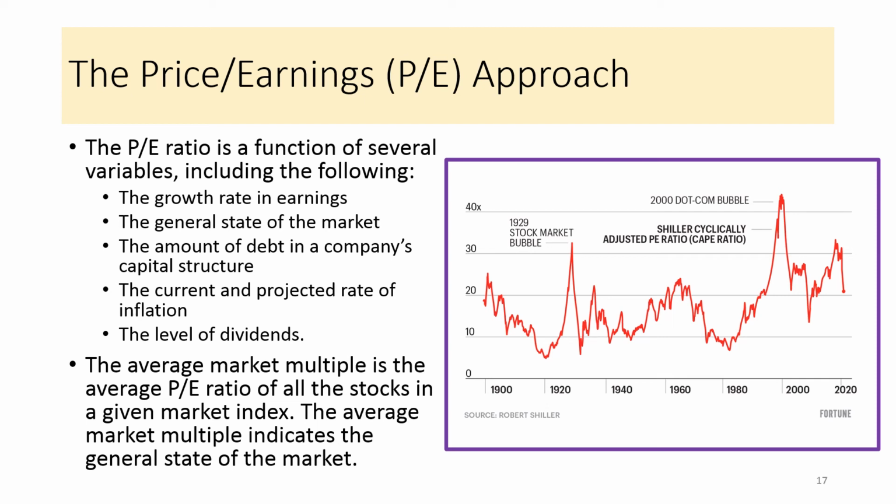This is simply the average PE ratio of all the stocks in a given market index, like the S&P 500, Dow Jones Industrial Average, or KLCI. The average market multiple indicates the general state of the market. It gives us an idea about the overall valuation of the market.